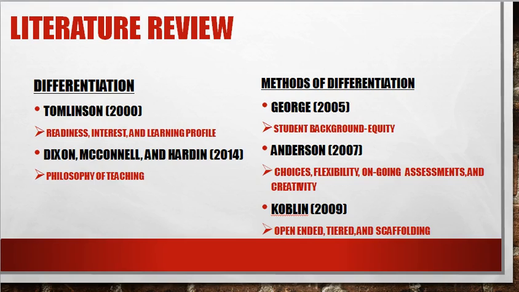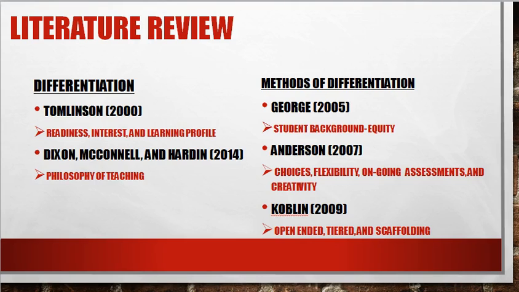The methods of differentiation, George really kind of ties back into what Tomlinson says with the learning profile, that one method is that we have to be able to know our students, we have to be able to know their background, their family life, and again, taking into their culture and making sure that we are addressing those needs inside of our classroom.